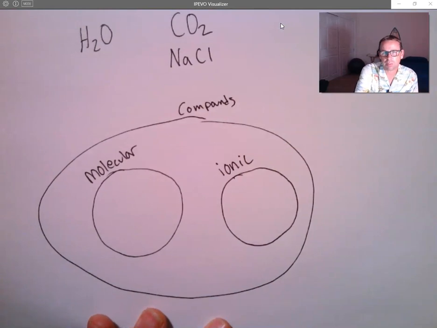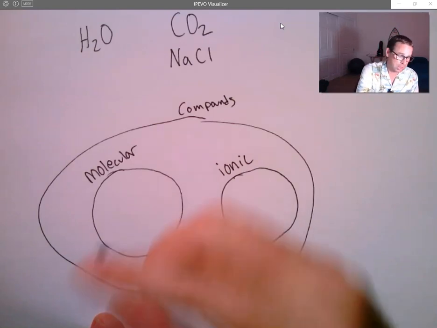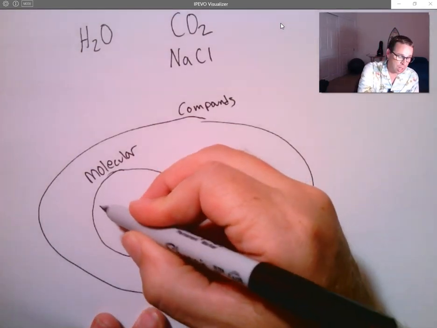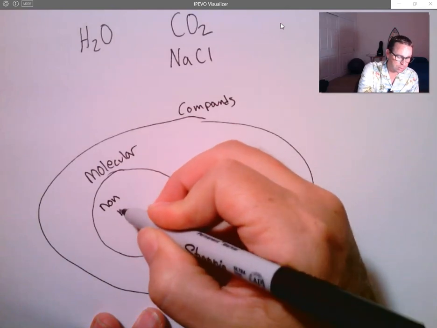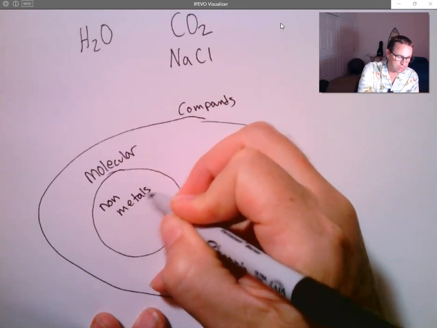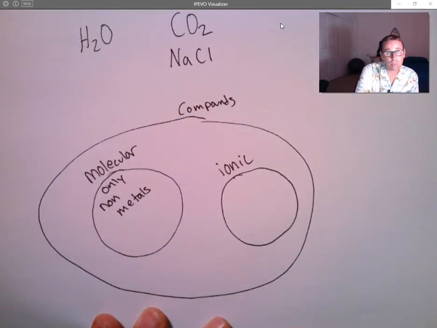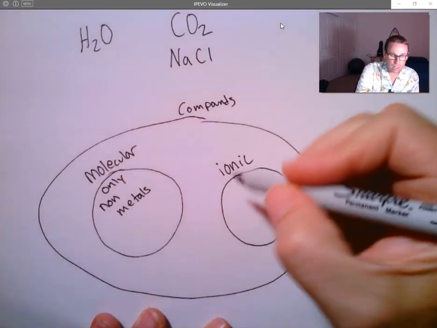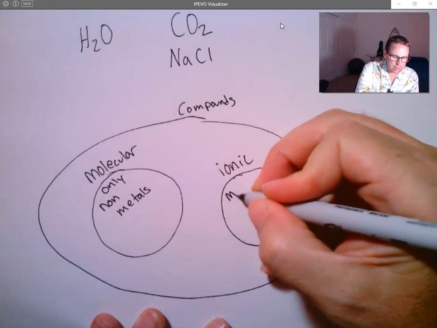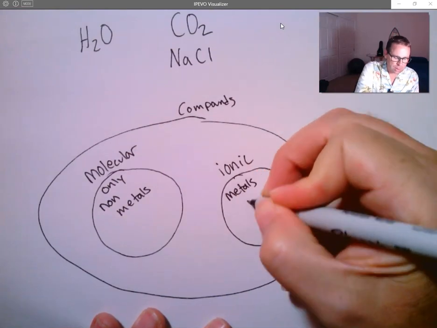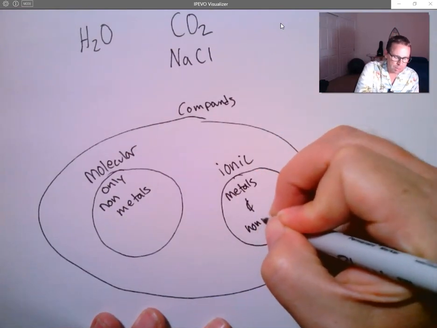For now, the way you can tell a molecular compound is it's made of only non-metals, no metals. Whereas an ionic compound has metals and non-metals.